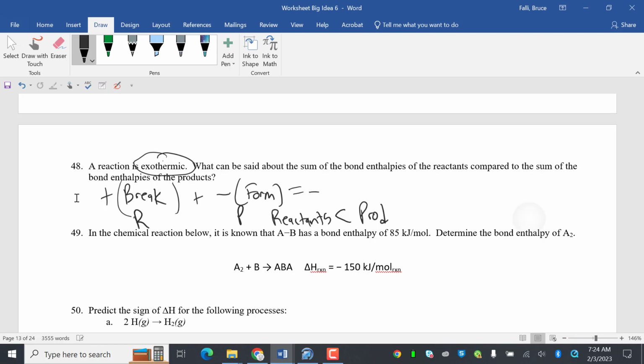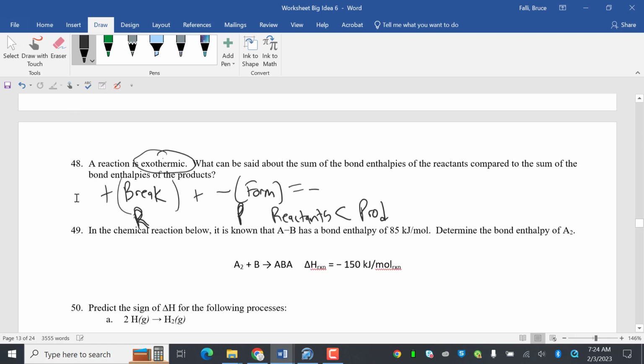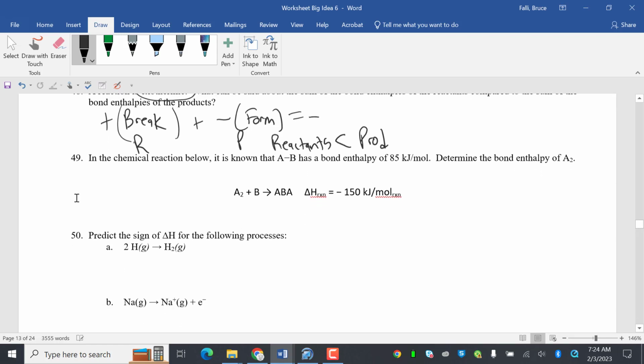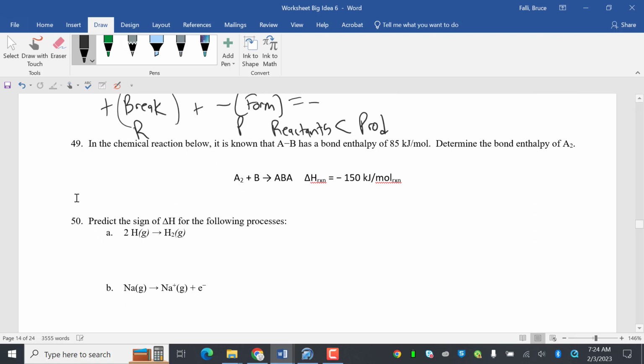In the reaction below, it is known that A to B has a bond enthalpy of 85. Determine the bond enthalpy of A2. So what I have here is A to A. I have no bonds happening here, right?